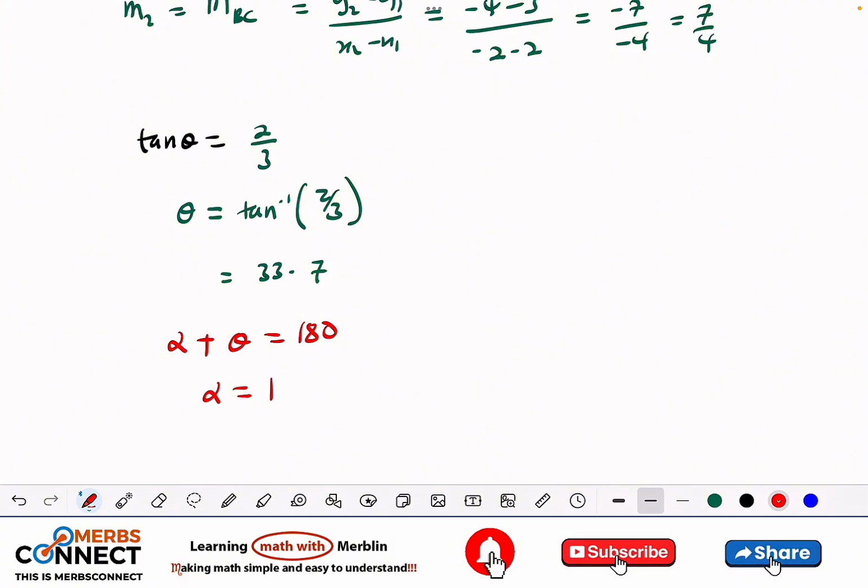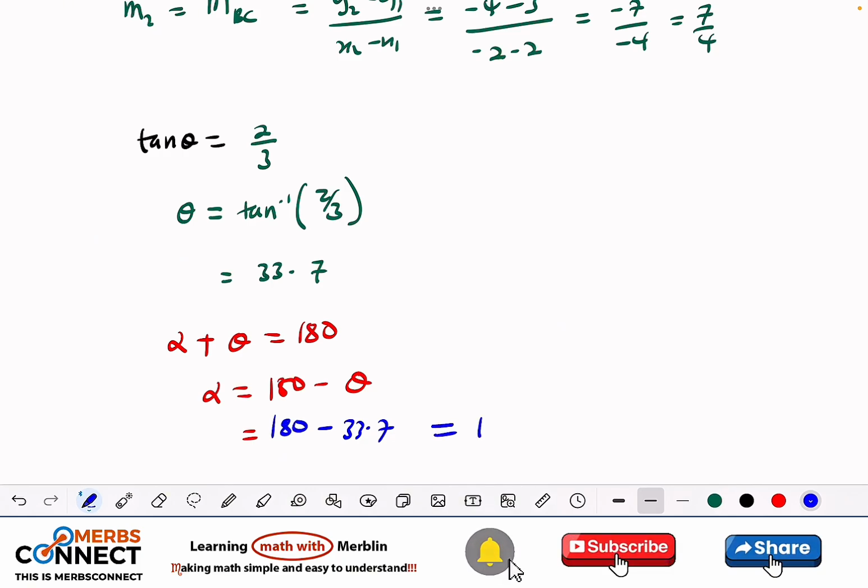So alpha will be 180 minus theta, and this is going to be 180 minus 3.7, and this should give us something like 146.3. Yes. So this is what we are going to get at the end of the day.